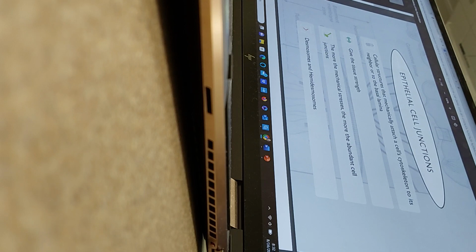Cell junctions. So the word interface and the word junction are almost similar, right? It's things coming together, attaching. So in epithelial cell junctions, some epithelial cells are attached to other epithelial cells, and some of them are attached to the basal lamina and the connective tissue underneath.